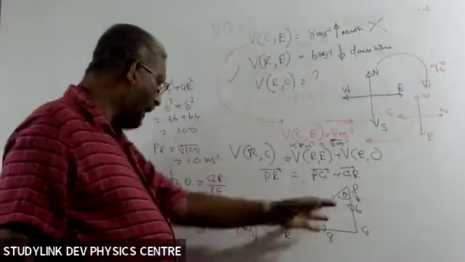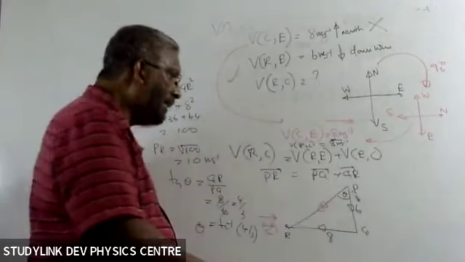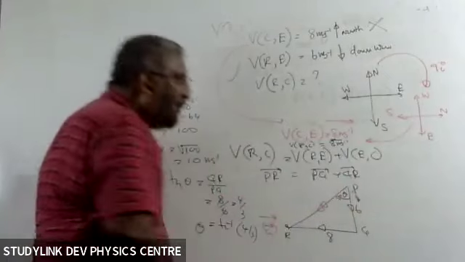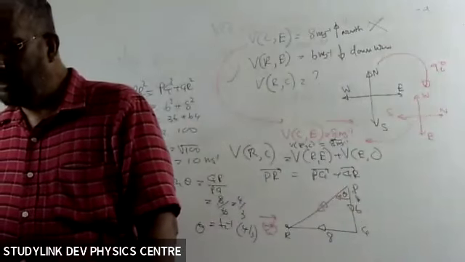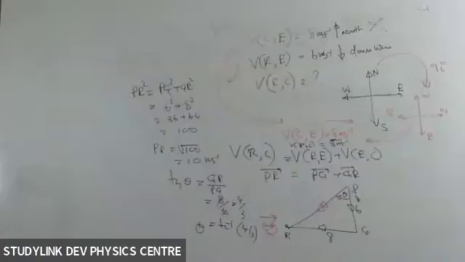That means making an angle of tan inverse 4 by 3 from the vertical, towards the car. The car is moving towards that. Note down. That is the last one.